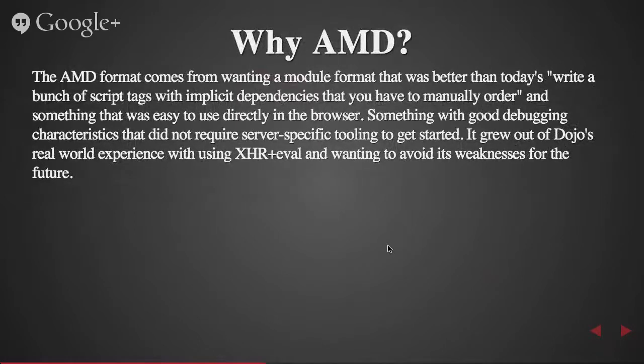It basically comes around from wanting a better way than just including all your scripts in the HTML and making sure they're in the proper order so that they're loaded properly. Basically, you are in charge of tracking those dependencies on that HTML page.